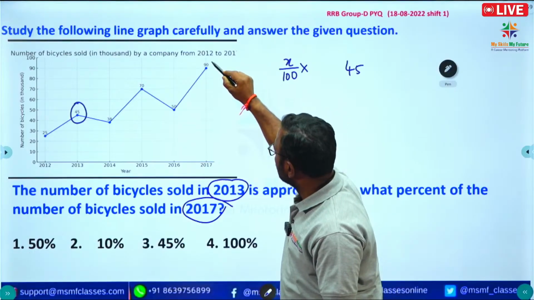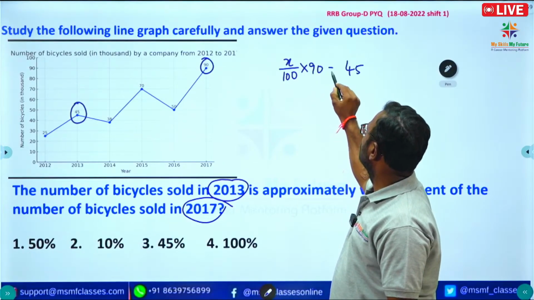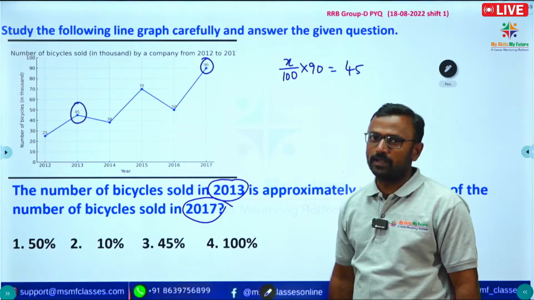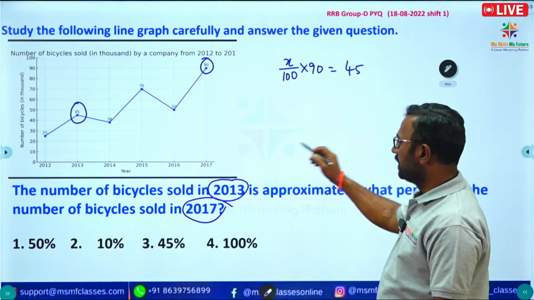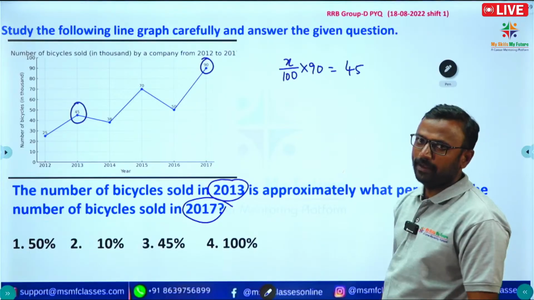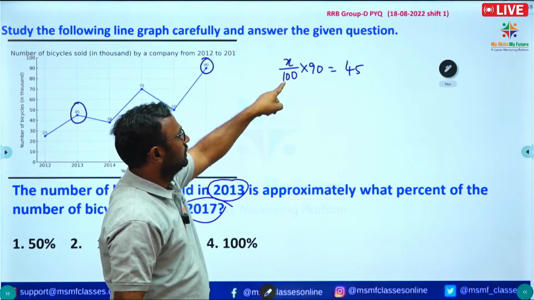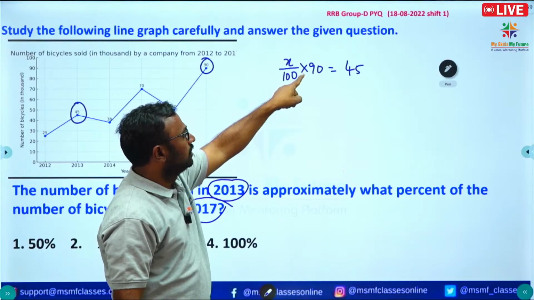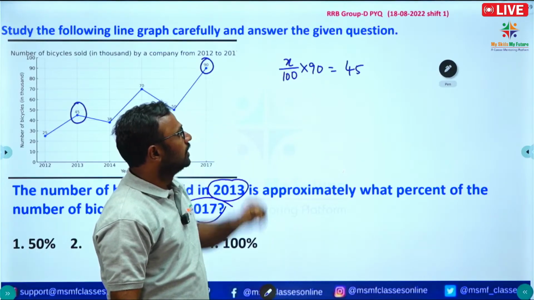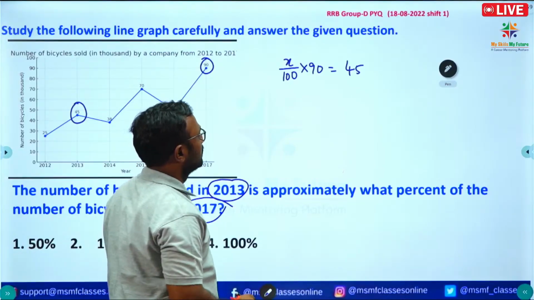What is the 2017 sold? 90. So this is the question. We need to find the x value. The number of bicycles sold in 2013 is 45. In 2017, 90 bicycles were sold.